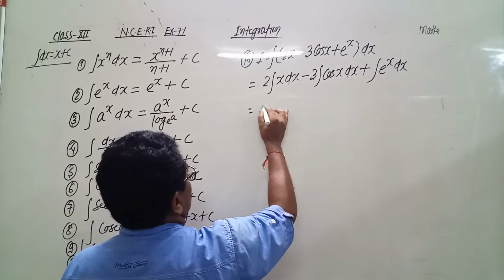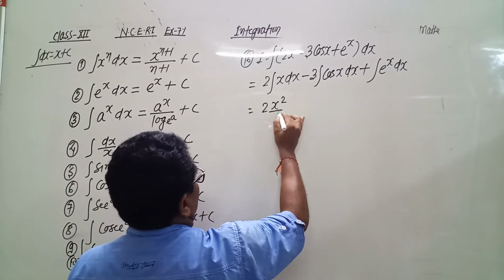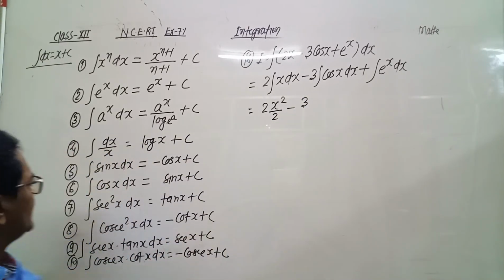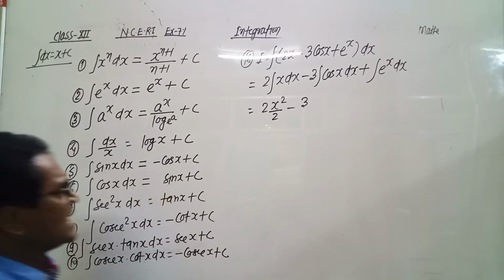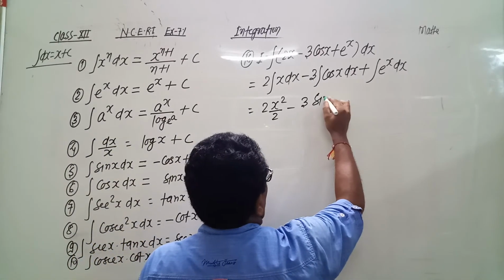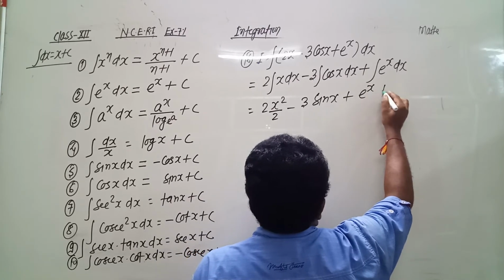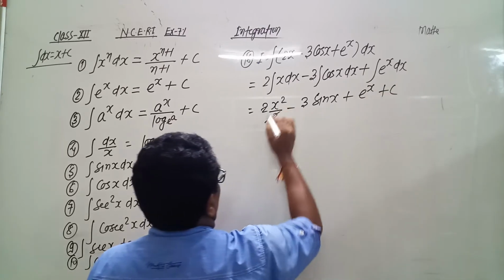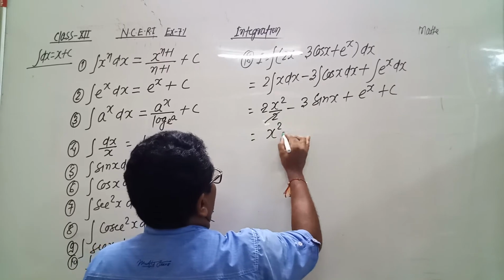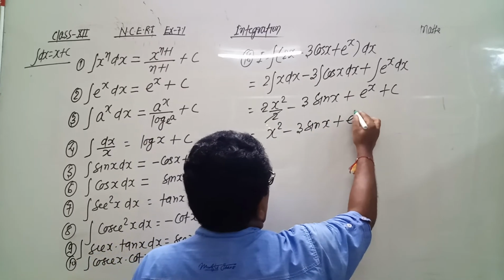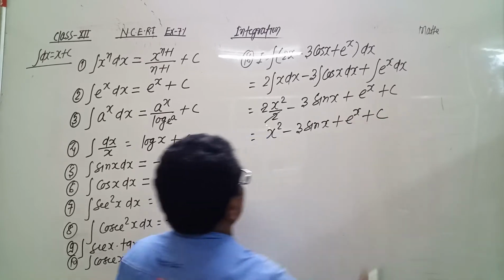So 2 as it is, integration of x dx is x square by 2, minus 3 as it is, and integration of cos x is sin x, and integration of e raised to the power x is e raised to the power x. So we get x square minus 3 sin x plus e raised to the power x plus c.